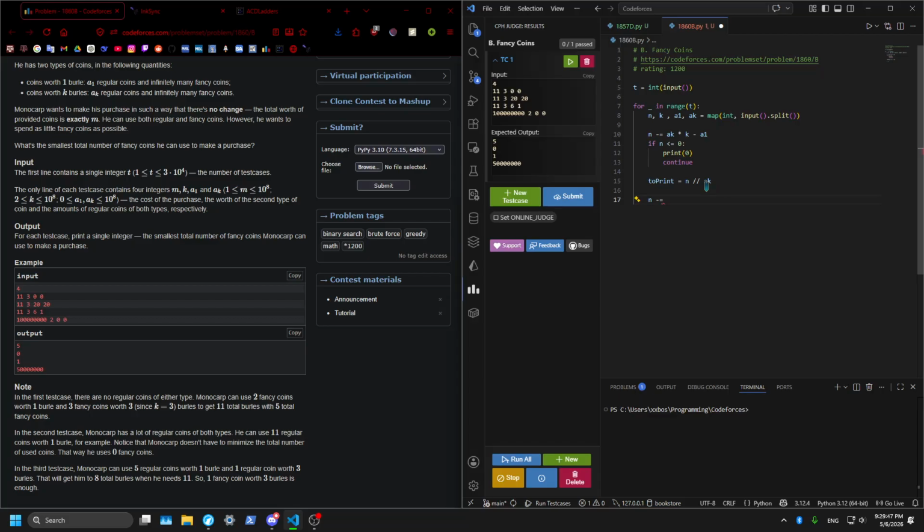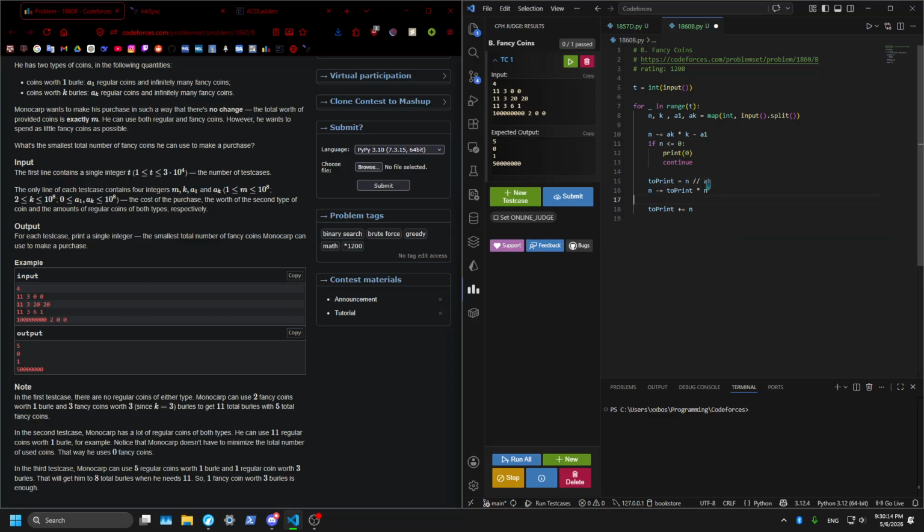N minus equals to print times N. To print plus equals N.